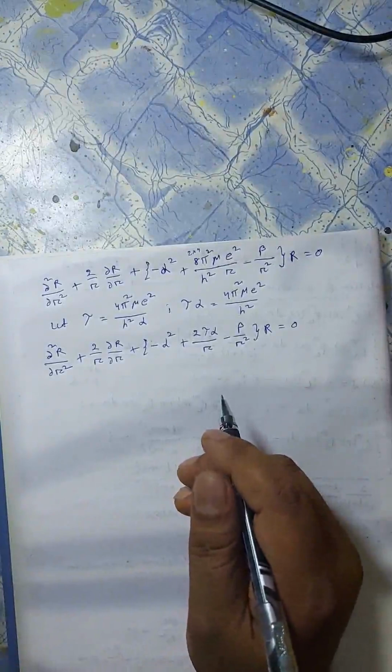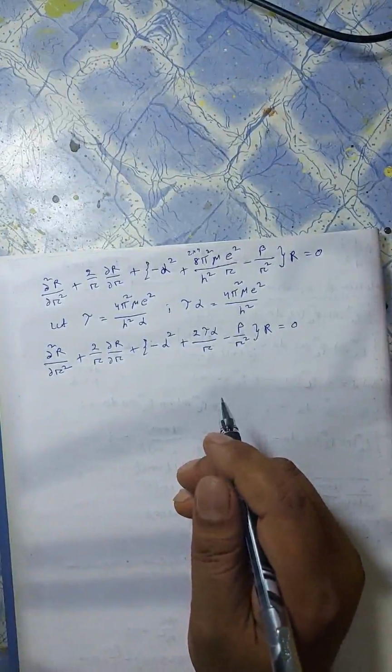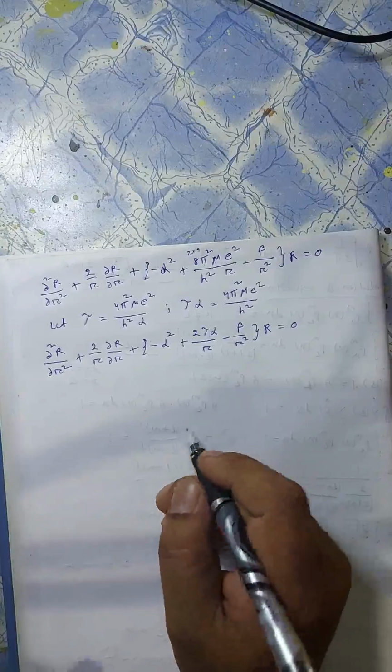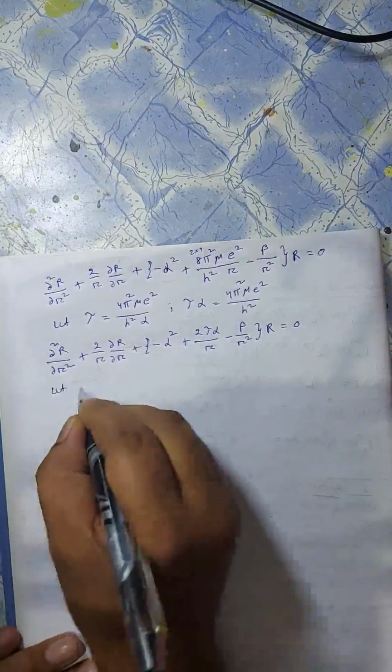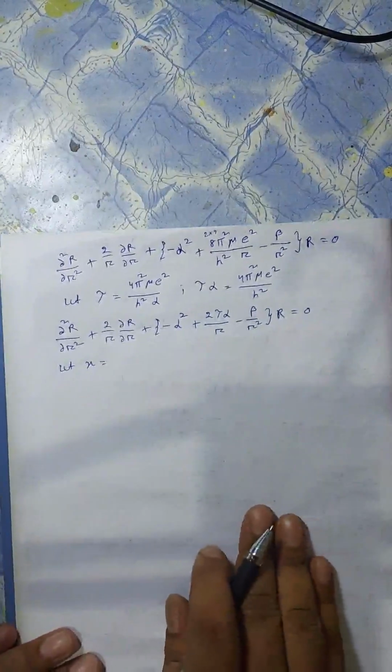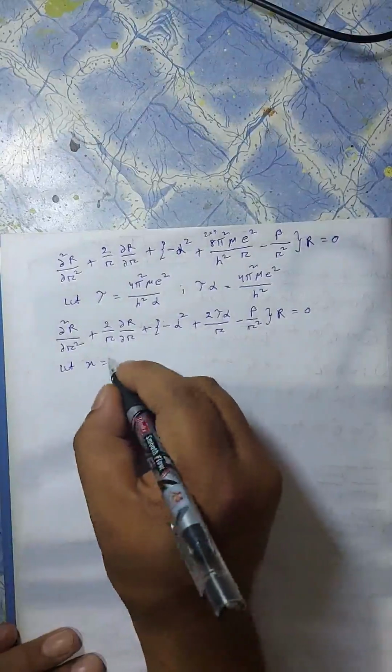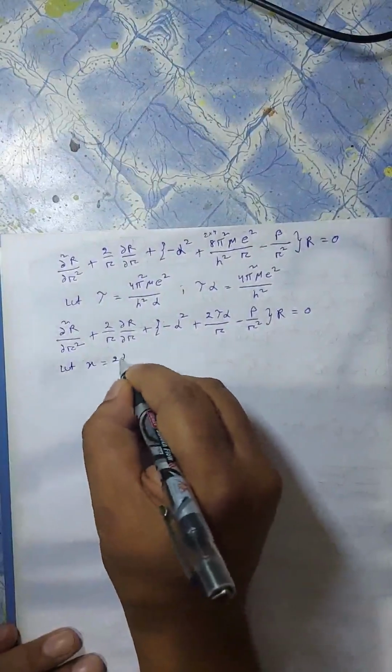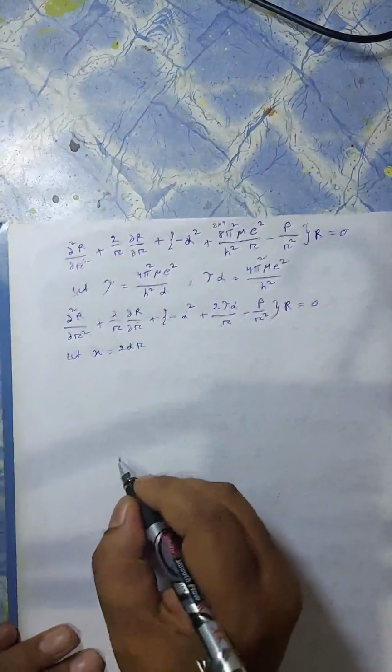This thing we have to know. Then we have to convert it into x, just like whatever we did in simple harmonic motion, the same thing we have to proceed. 2αr. We need what?